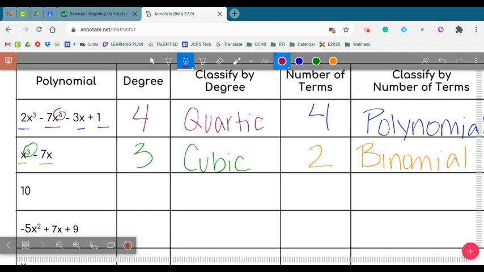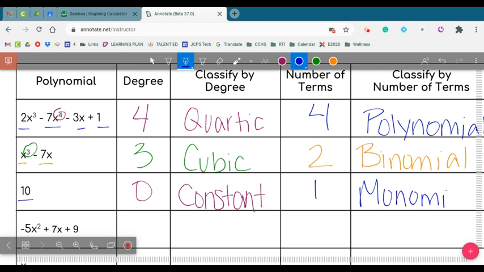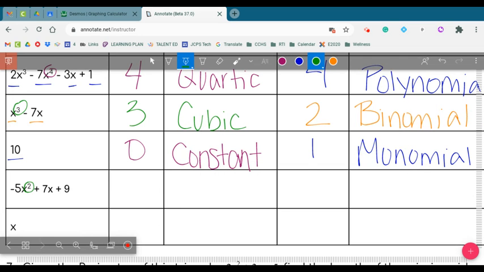Next one, I have no exponent, so our degree is 0, and this is constant. I have 1 term, so this is a monomial. Next one, my biggest exponent is 2. So this is quadratic.